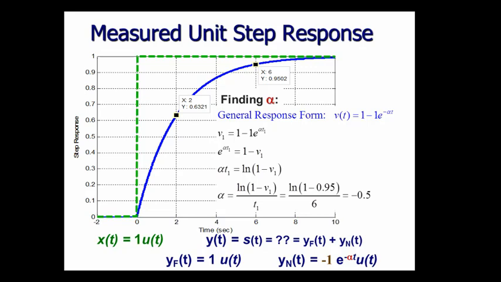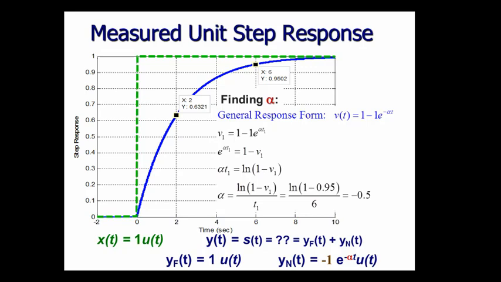Then plug in the voltage at this point and the time at that point for the voltage and the time. We can rearrange this equation. We can exchange these positions. We can take a logarithm to get rid of the exponential, divide by t, and we can have an equation for alpha in terms of the voltage and the time of any point on that curve.